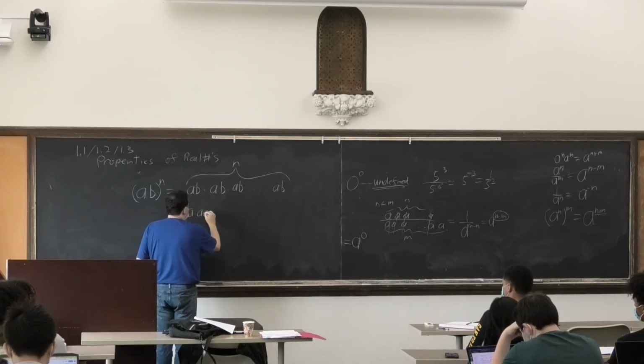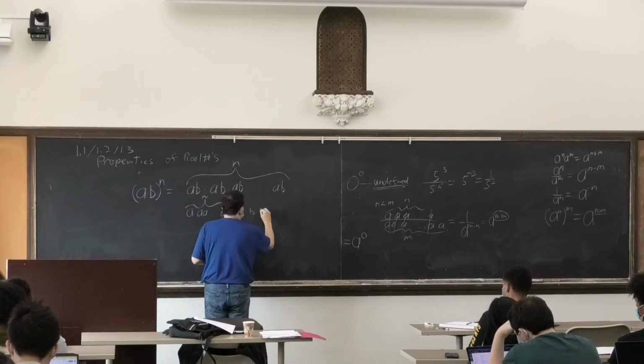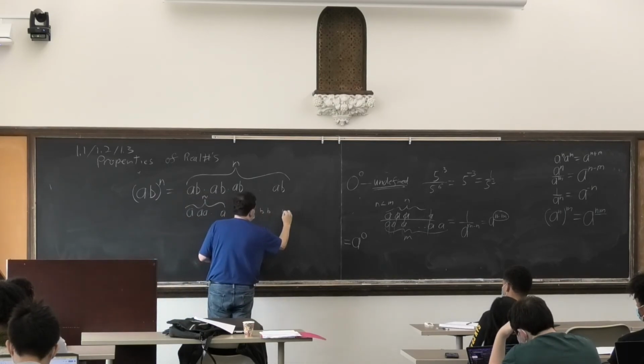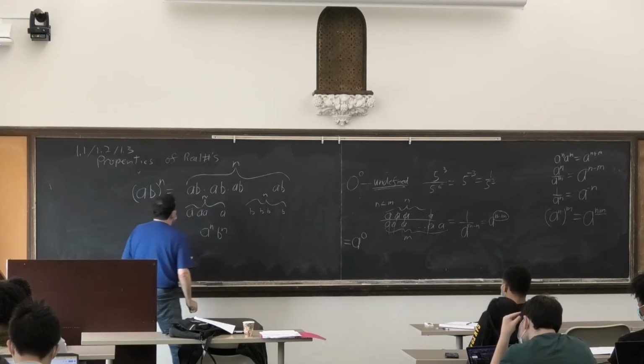A times A n times, B times B times B. So that just becomes a to the n, b to the n.